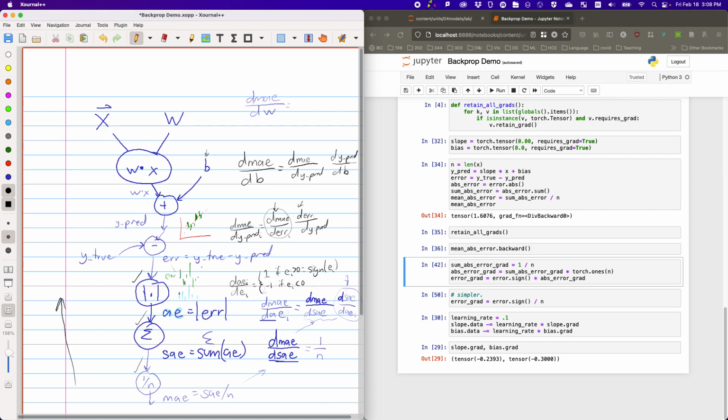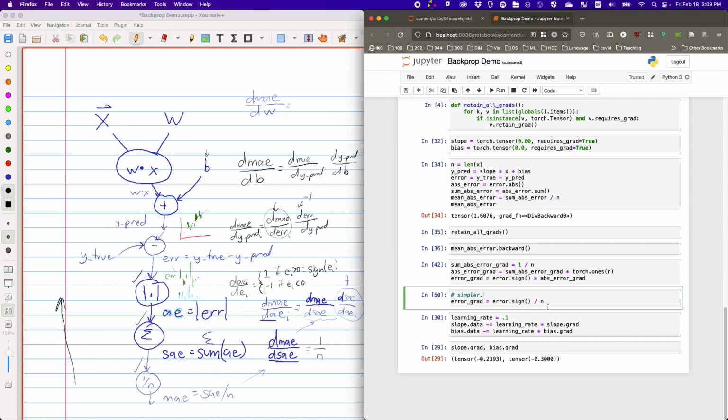It's not the magnitude of the error. It shifts up or down. So it might be getting closer to 0. It might be getting farther from 0. But an increase in y pred leads to a decrease in error. So that means that this derivative here is just the derivative of this expression with respect to y pred, which is -1.